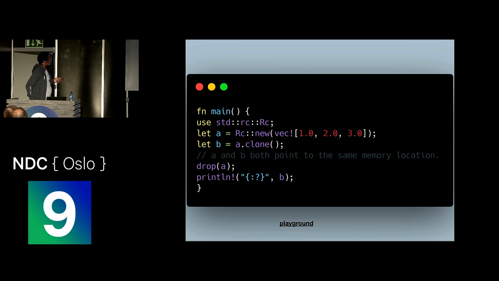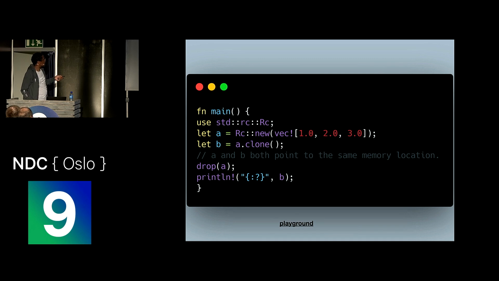So the idea here is, actually this is just reference counting. So RC stands for reference counter. And we initialize our variable behind it. So here you have a reference to the reference counter. When we do this clone, this copy, we are just copying the reference.